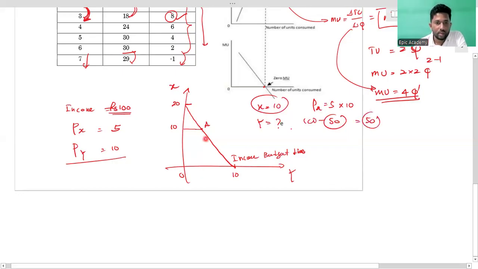So you can consume only 5 commodities of Y, because the price of the Y commodity is 10 rupees, and 10 multiplied by 5 becomes 50. So 50 plus 50 becomes 100.